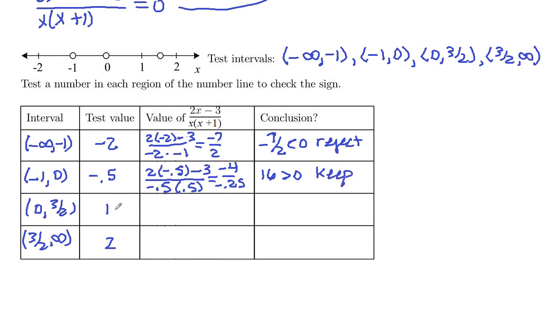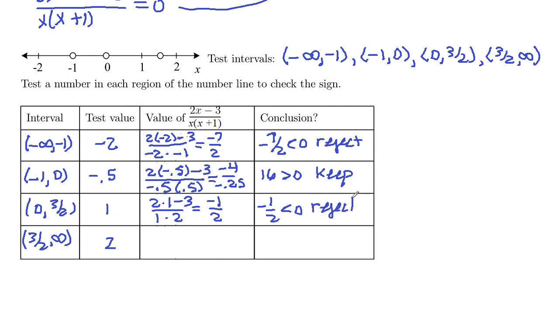And then plug in 1 here, here, and here. So 2 times 1 minus 3 over 1 times 1 plus 1, 1 times 2. So that'll be what? 2 minus 3, negative 1 over 2, negative 1/2. That is less than 0. So we reject that interval.